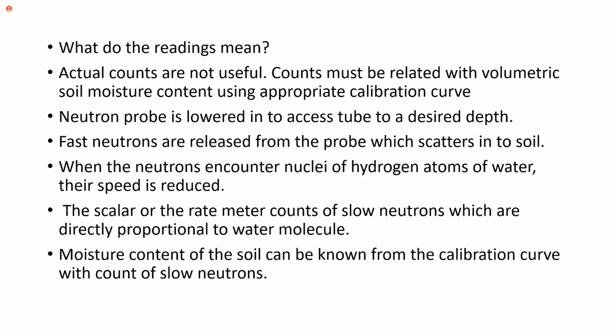During that, at different time intervals, you take the reading of the instrument, and at that time you take a soil sample, put it into the oven, find the gravimetric moisture content, then convert it to volumetric moisture content, and draw the graph.